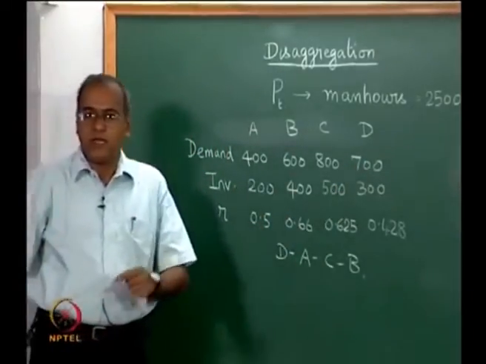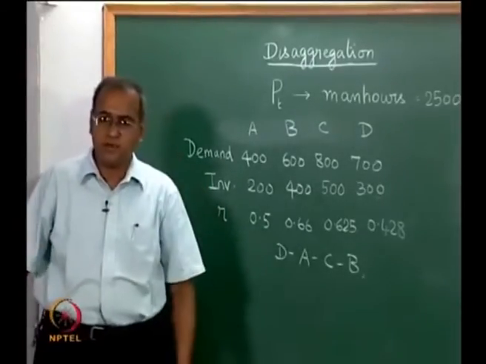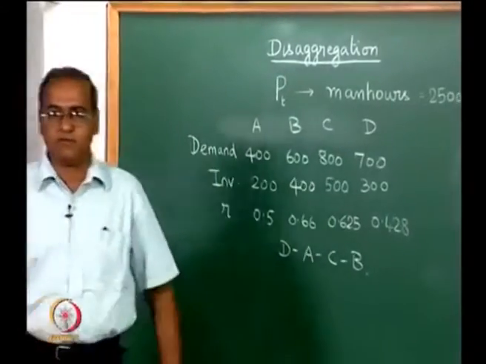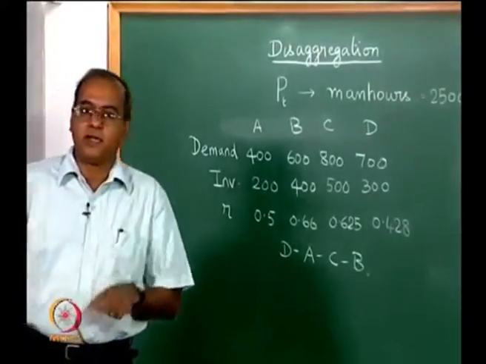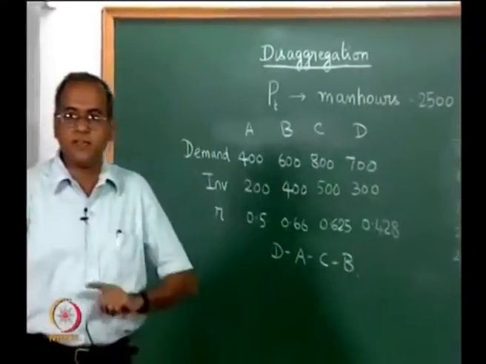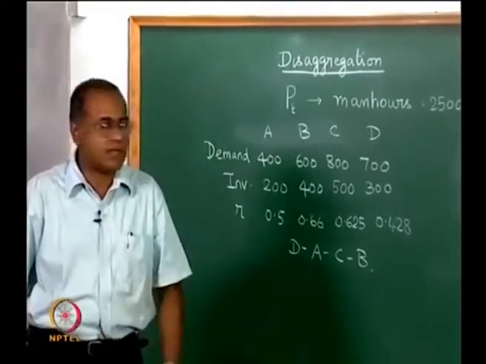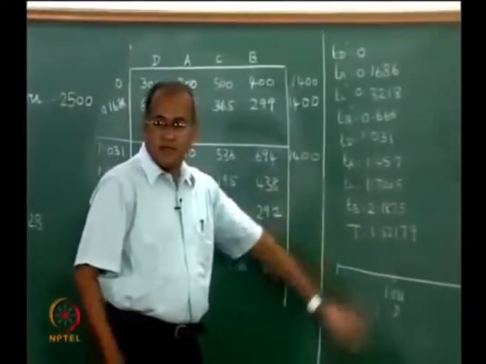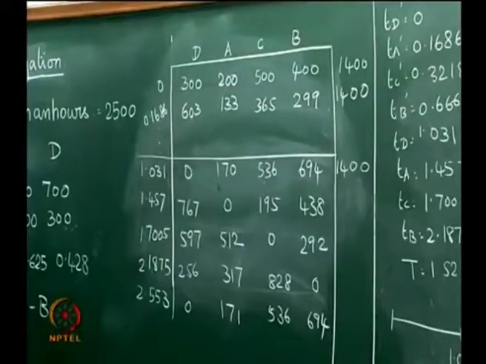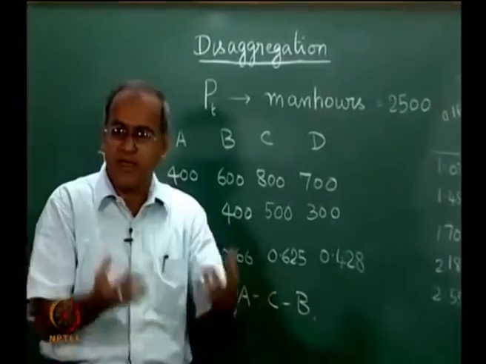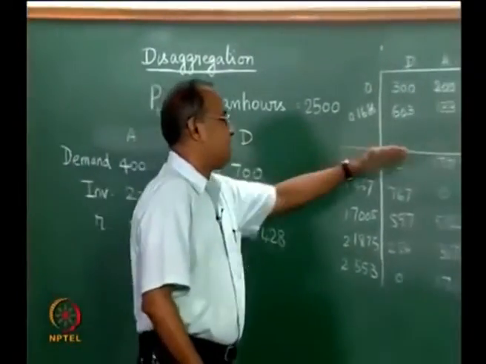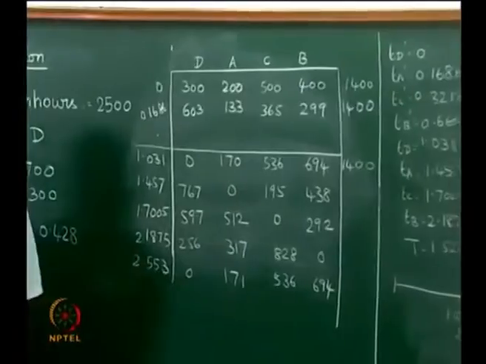If total demand is equal to total production, then the cycle time T is going to depend on the total amount of inventory that we have. And secondly, and more importantly, it also depends on the way in which the existing inventory is distributed. So the existing inventory can be distributed in such a manner that your T exceeds. When I say distribution, one has to quickly understand that it is 1400 man hours of inventory. It is not substituting A with D, it is about saying this many man hours are used or available there. So it can be redistributed. So distributing it helped us achieve a larger value of cycle time.